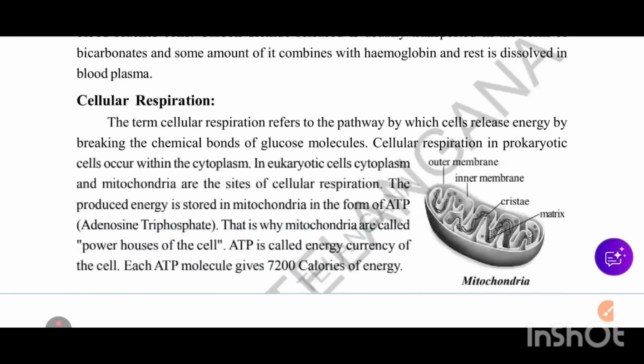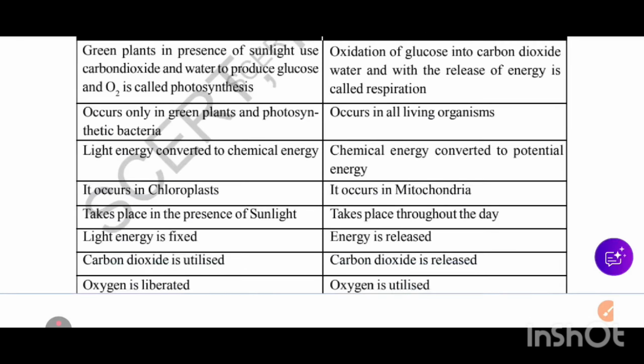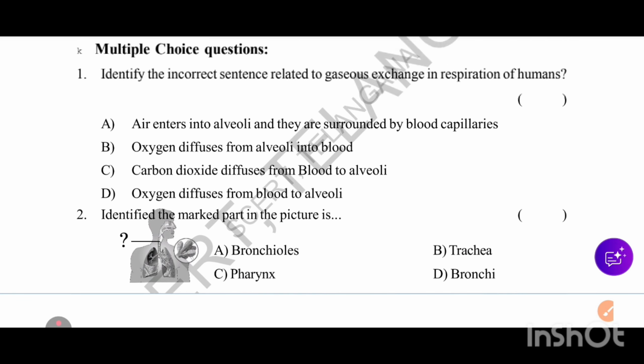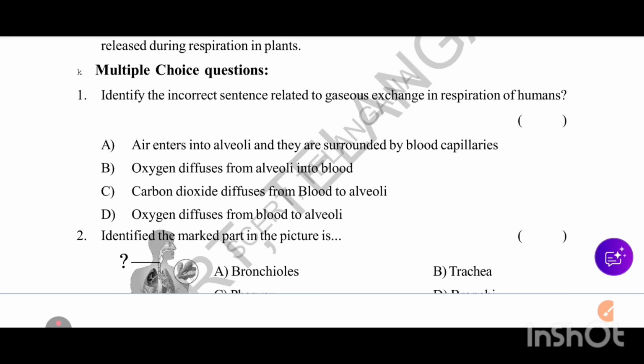In the second chapter, respiration, we have the multiple choice questions as follows. The first question: identify the incorrect sentence related to gaseous exchange in respiration of human beings. He asked for the incorrect statement. Air enters into the alveoli, which are surrounded by blood capillaries, that is right.